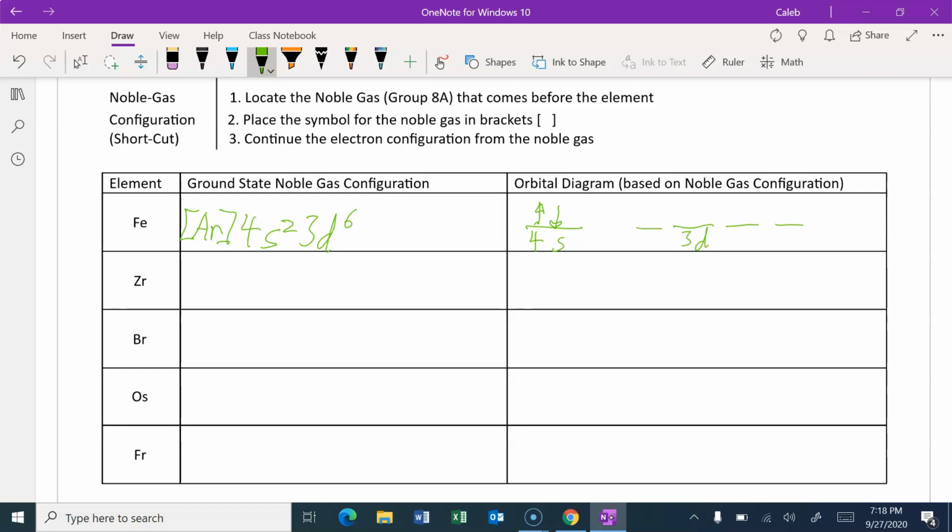Remember, d has five orbitals on it. 3d6, so it's going to be 1, 2, 3, 4, 5, and then 1 going down, 6.